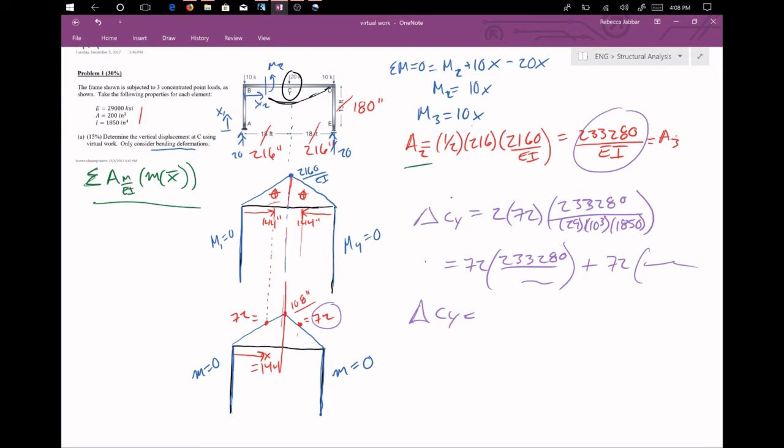2 times 72 times, all right, then we get 0.626 inches. And this is positive, just saying that the direction we chose our point load in, this direction, was correct.